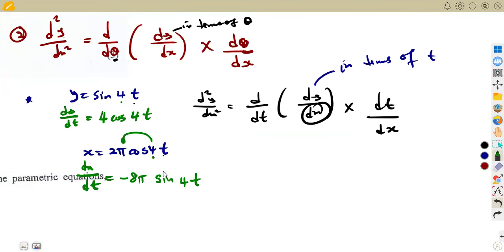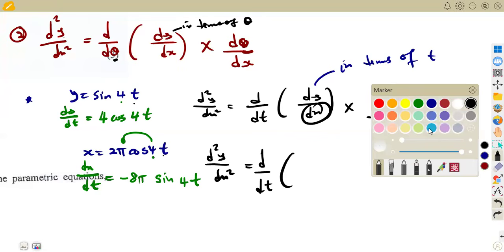With these calculations, we can simply substitute the information into the formula. I want you to understand this formula. It states that the second derivative of y with respect to x is the derivative with respect to t of what you obtained previously from dy/dx.